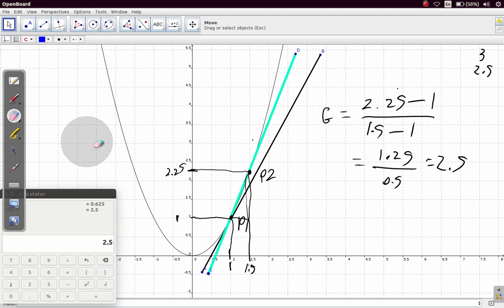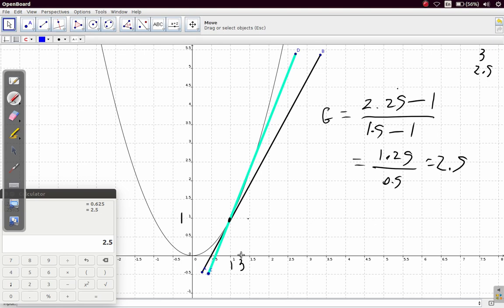Now, let's do some erasing. Suppose we keep point 1 where it is, right at the point where we drew the original line. So we are at 1, 1. But instead of 1.5, let us move our point to x equal 1.3.